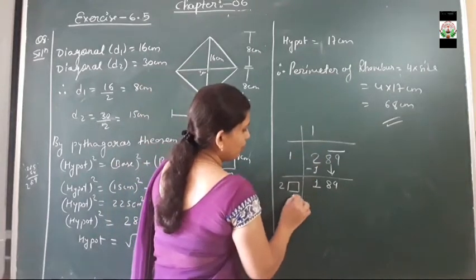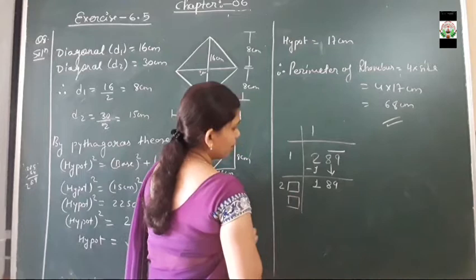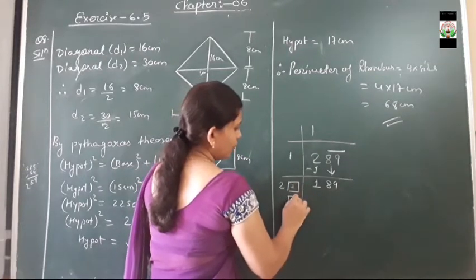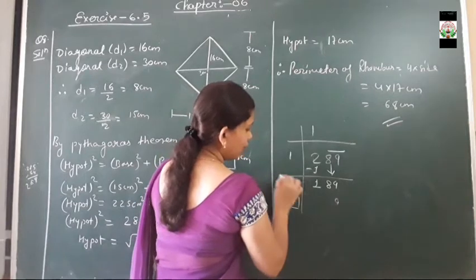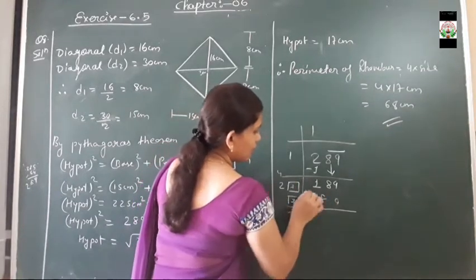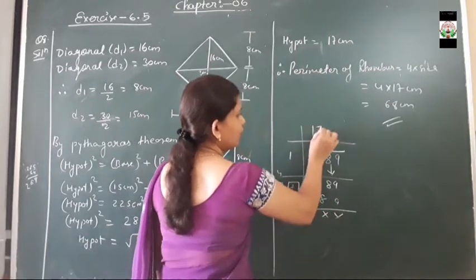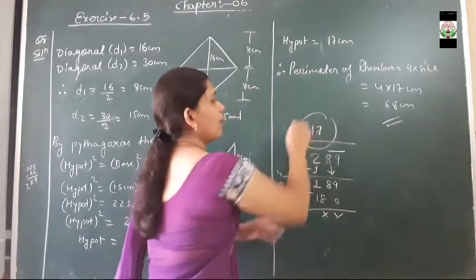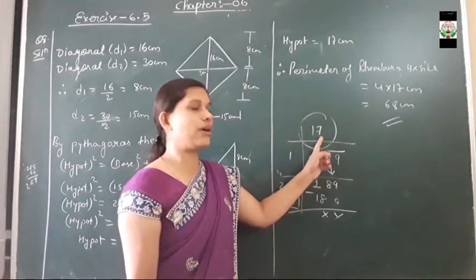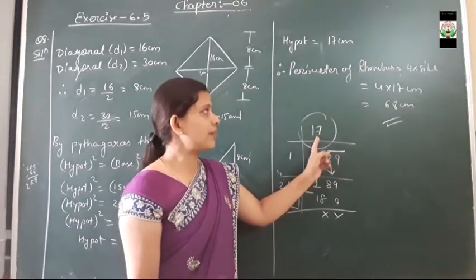Now 2 will be multiplied by which number to get the answer as 189? That's 7. 7 sevens are 49, 4 will be carried, 14, 15, 16, 17, 18. So here the answer becomes 0, 0. So that 7 will be written here. So what is the square root of 289? The square root of 289 is 17.